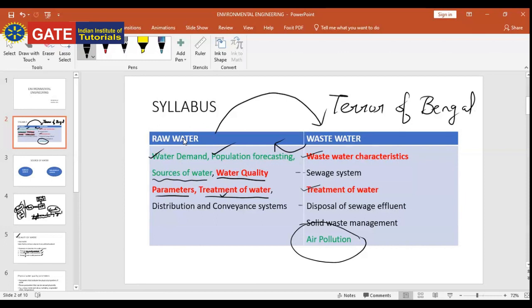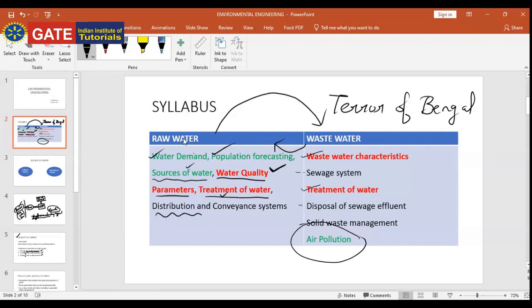Now, to adopt the source of water, or to select the water demand or the population forecasting, or to do any other practice in environmental engineering, we initially require the information on water quality parameters. If we have an idea of water quality parameters, then only we'll be able to do all these other things. Got it?